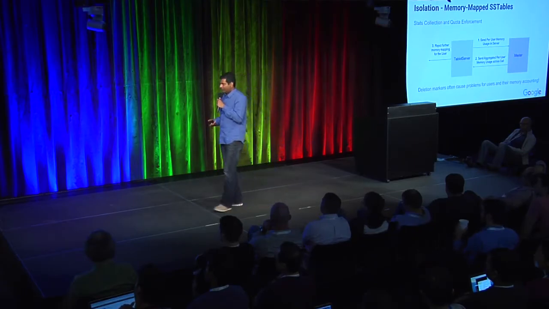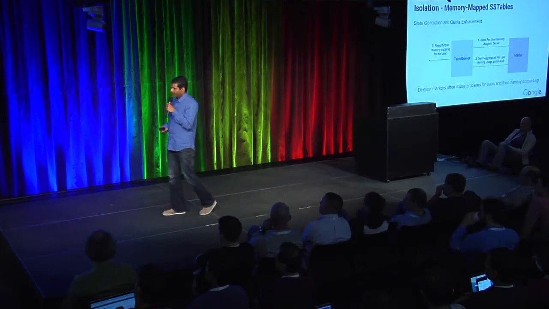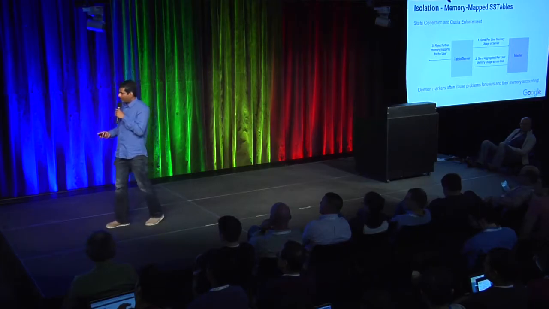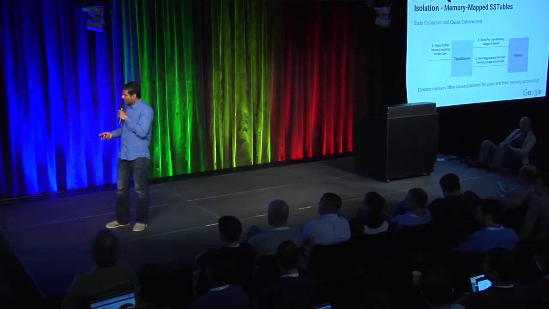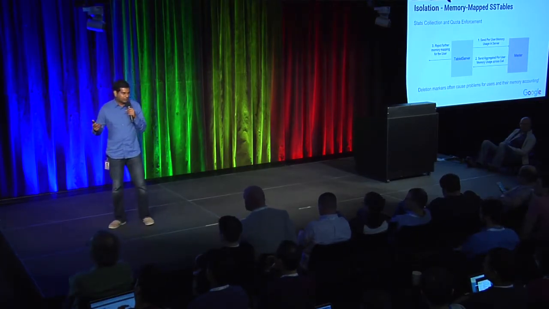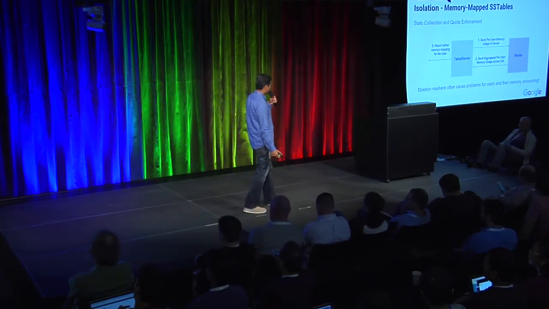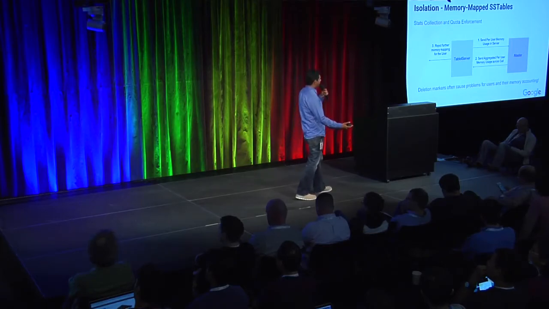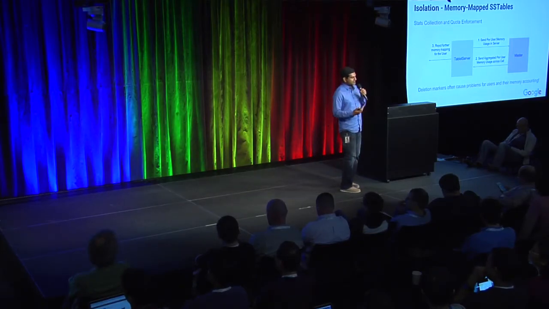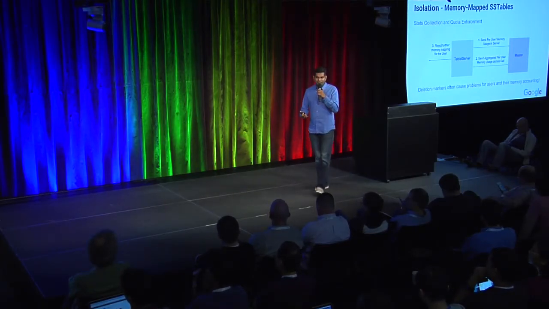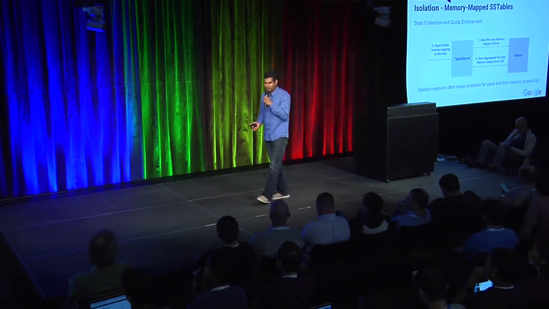So the theme for most of these isolation stories where there's a resource which needs to be managed is essentially tablet servers collecting statistics per user, per table, depending on the statistic, pushing them to the master, aggregating them, and sending back both the aggregated statistics and also the quota which the user claimed they will use.